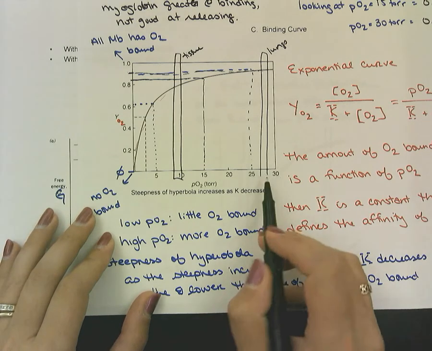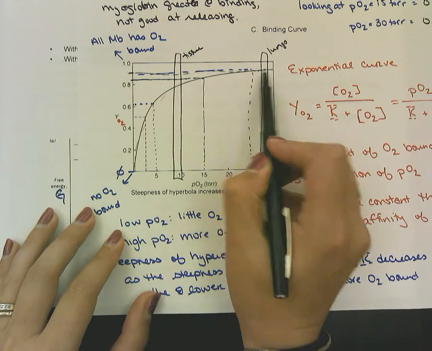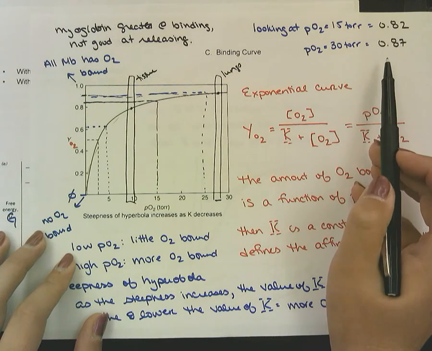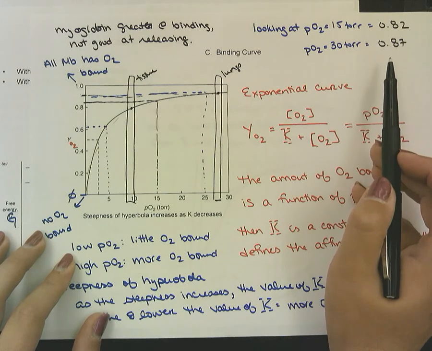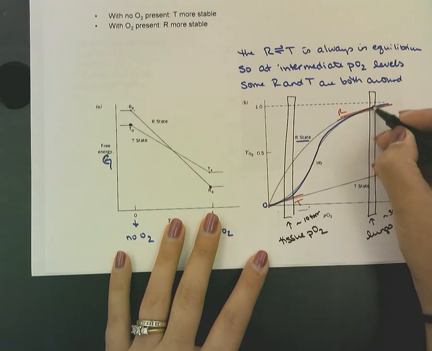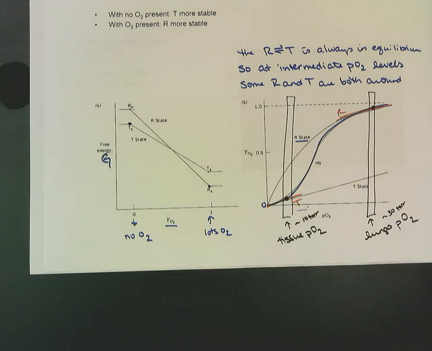The percentage of oxygen that's going to release is not very much. We're looking at this point versus that point, which is what we calculated over here. You've released very little oxygen to your tissues. That's mostly all still oxygenated. But in this case, I'm going from almost 1 to almost 0 in my YO2. So it's a better transporter for oxygen.